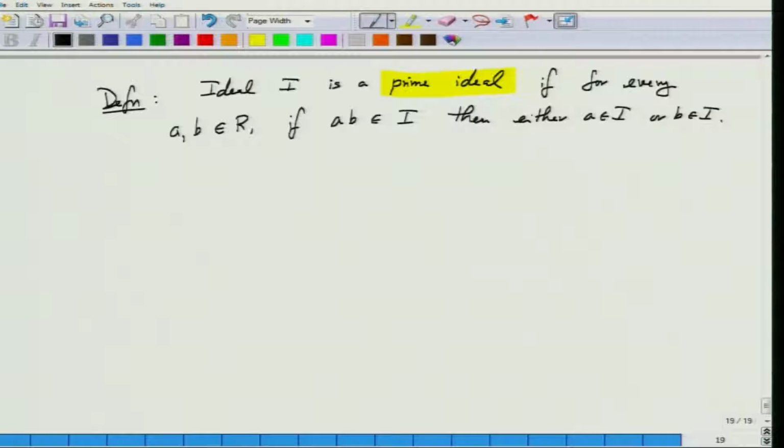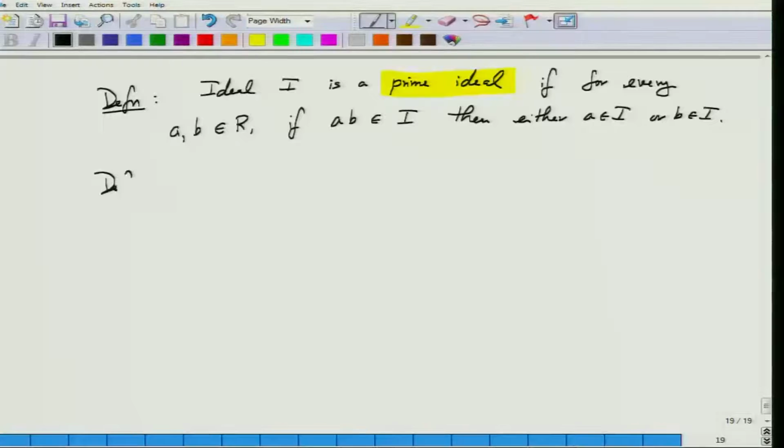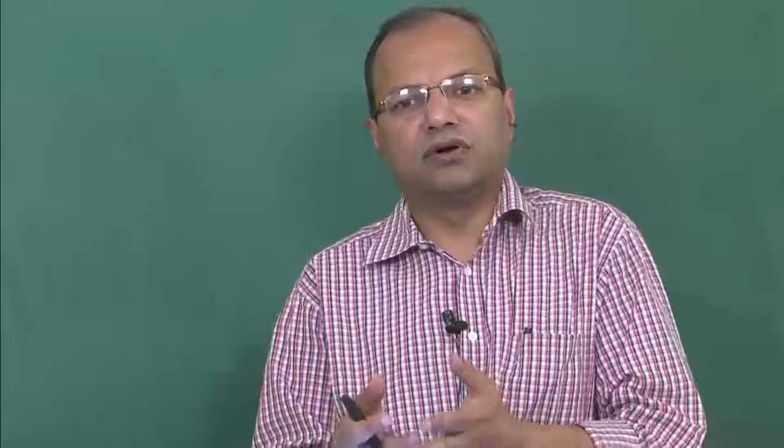Now it turns out that for certain types of rings, all the three definitions are equivalent. I will not show it, but I'll just highlight that a bit. But the second definition that I had earlier given is still interesting enough, and it can be defined for all rings. So I will give it a different name. I will not call those ideals prime ideals, I would call them with a different name.